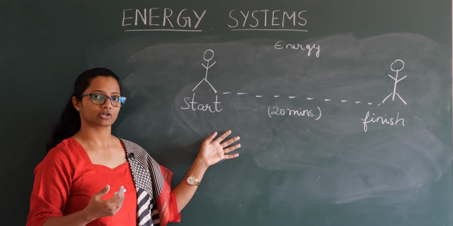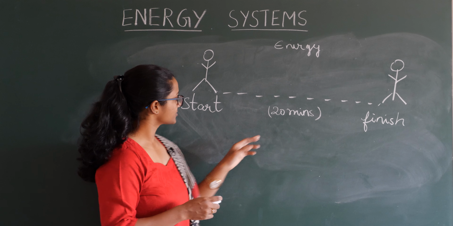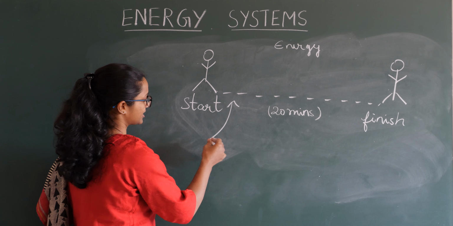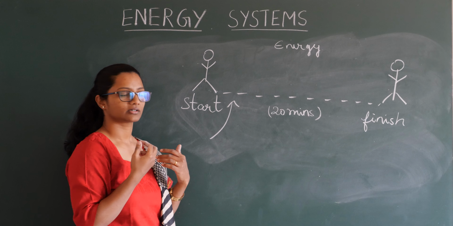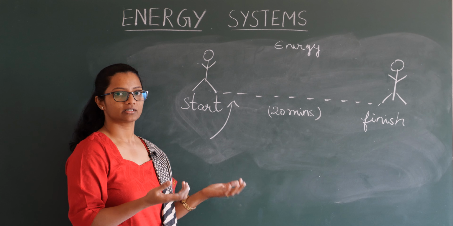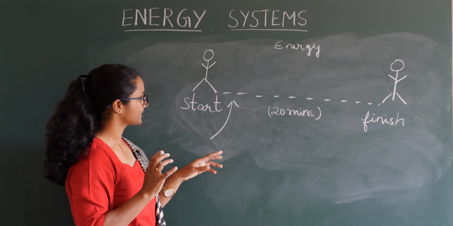Body is using the aerobic energy system, using a lot of ATPs continuously. I'm breathing, I'm taking in oxygen, I'm giving out carbon dioxide. Body is producing energy in the presence of oxygen.